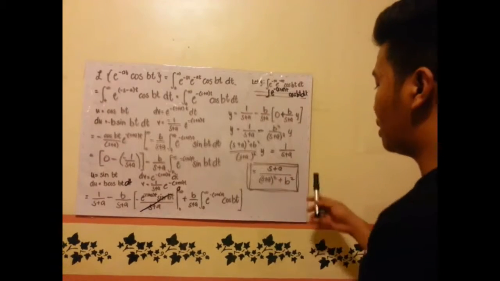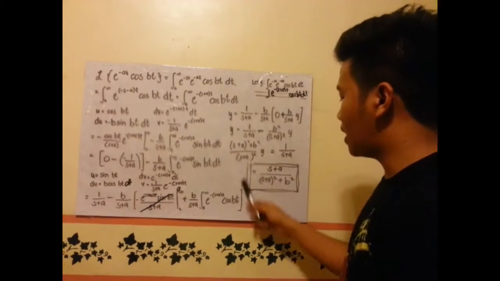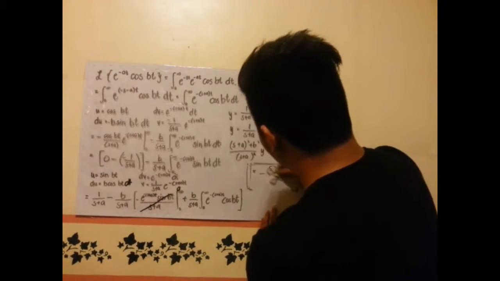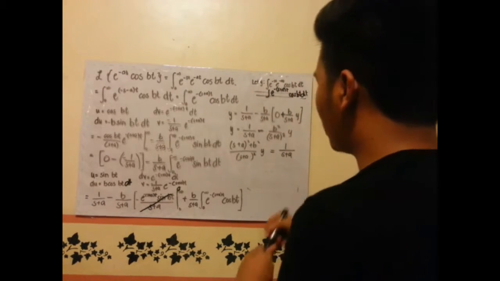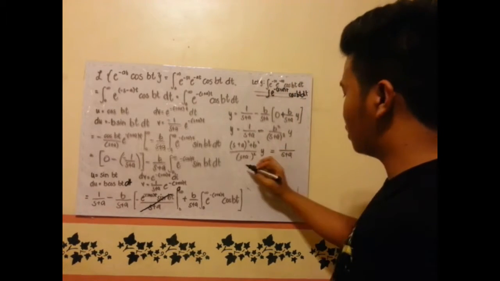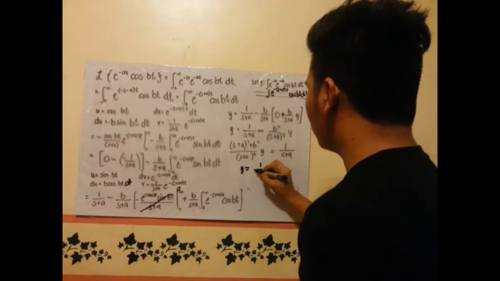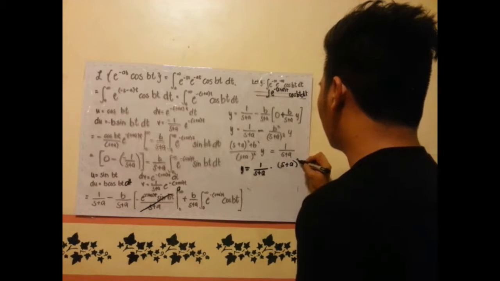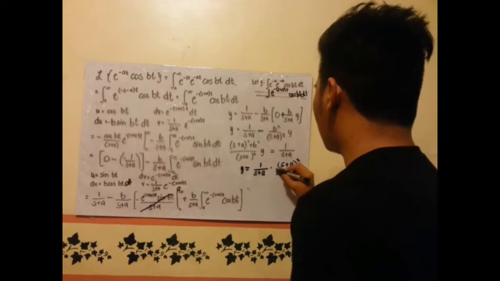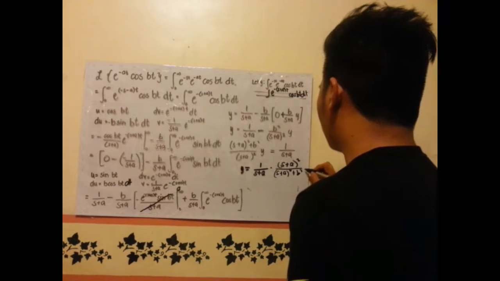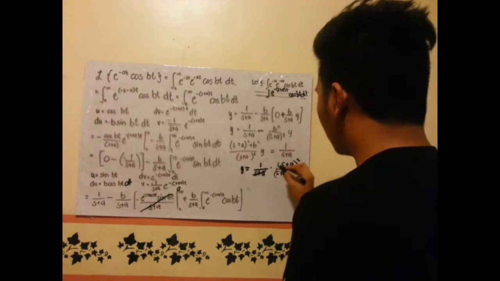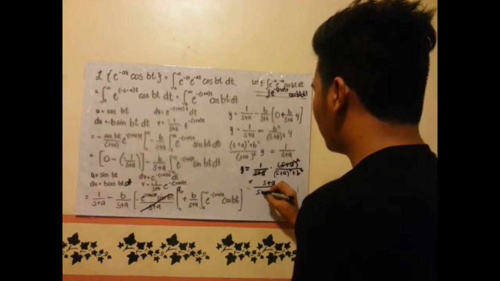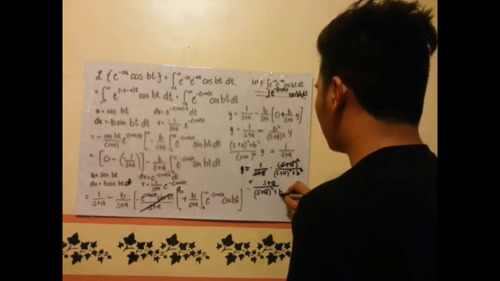Now, you're wondering how we come up with the final answer. Here is how it happens. If you transpose this to this side, y is equal to 1 over s plus a multiplied by s plus a squared over s plus a squared plus b squared. Cancelling, the left is s plus a over s plus a squared plus b squared.